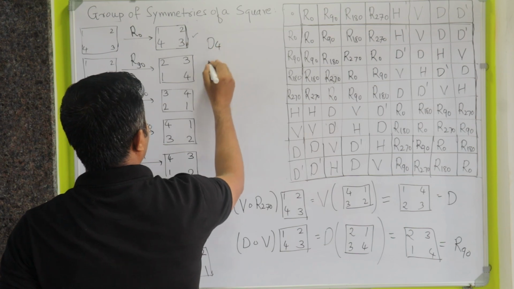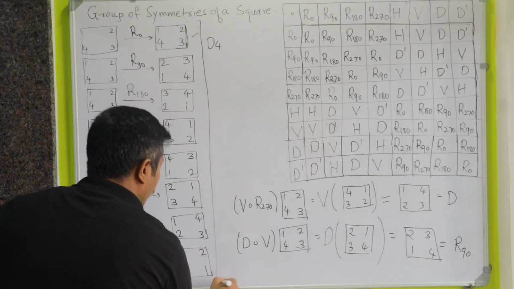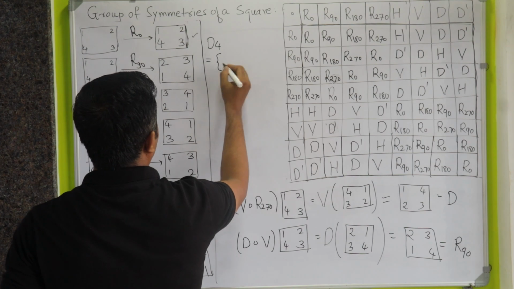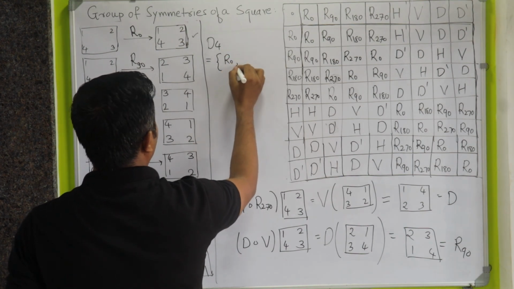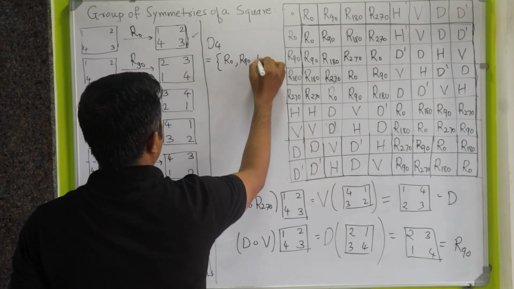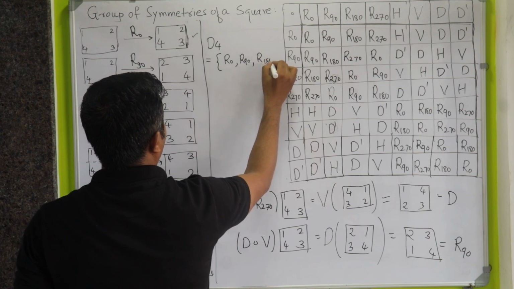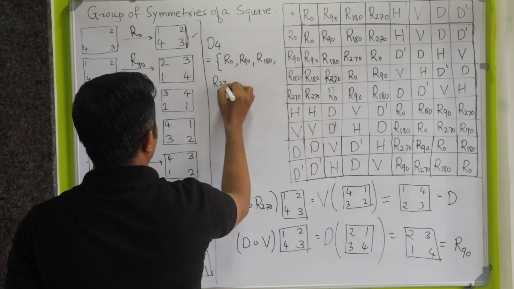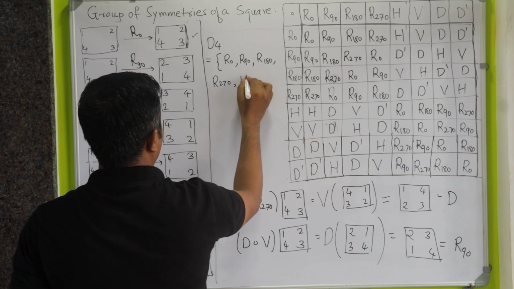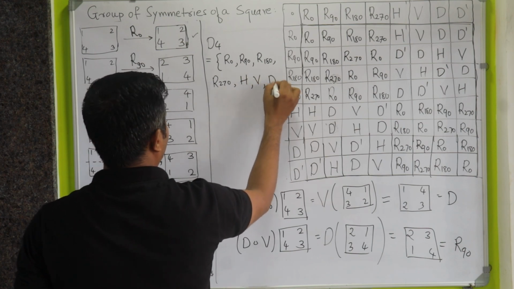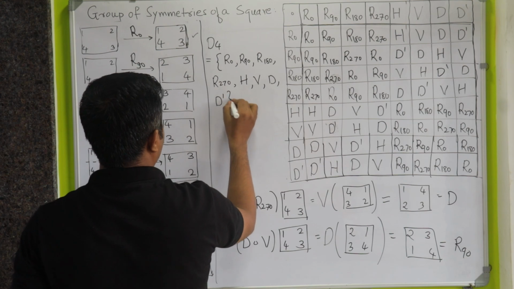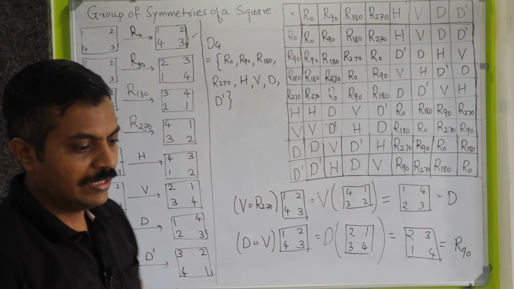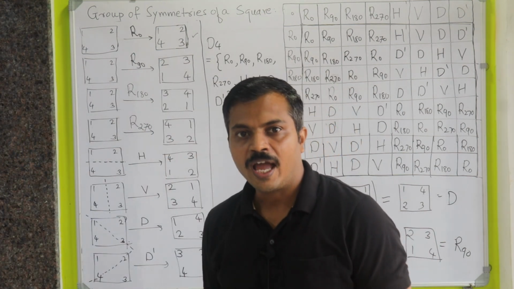We denote the group of symmetries of a square by D4, and this set contains these 8 elements: R0, R90, R180, R270, H, V, D and D dash. Now clearly the set is non-empty, no issues with that.